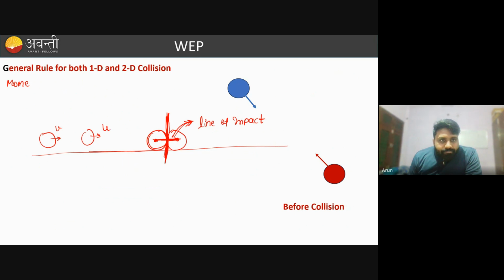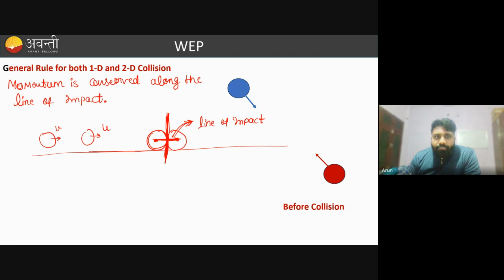So momentum is conserved along the line of impact. This is the rule for both one dimension and two dimension.